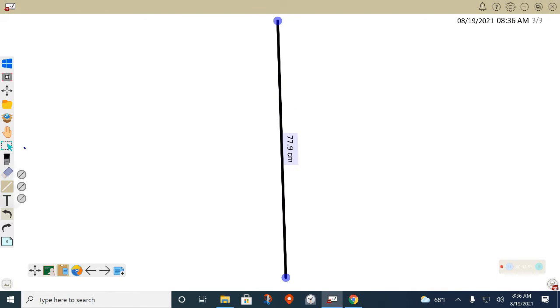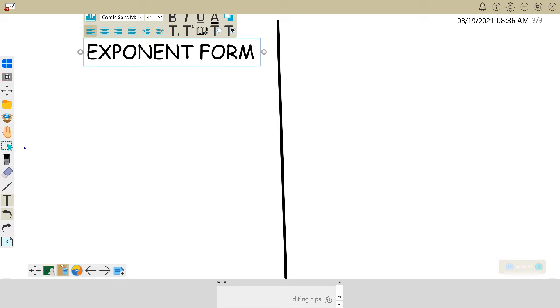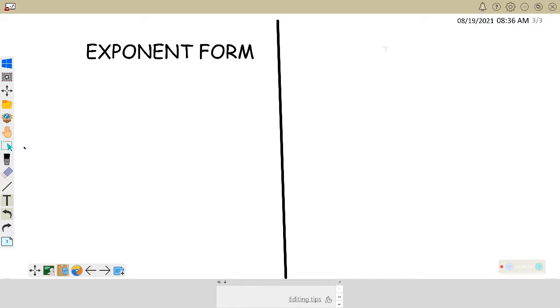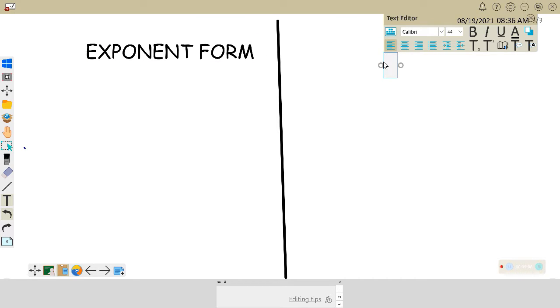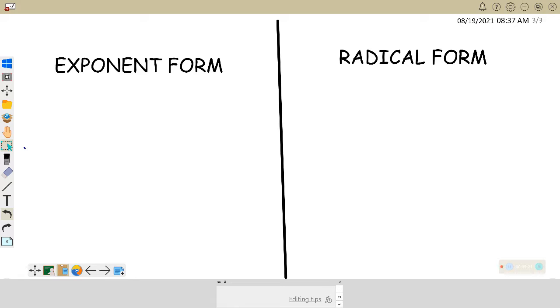And on the left side, go ahead and put exponent form. And on the right side, put radical form. What I'm going to go over right now is going to make it more clear in your mind what's going on.